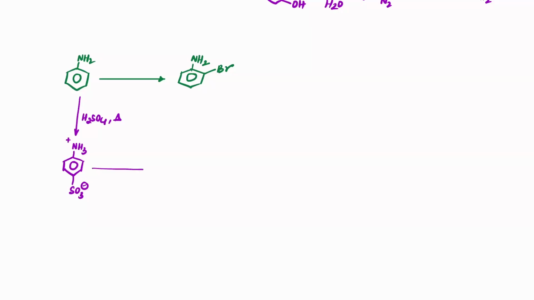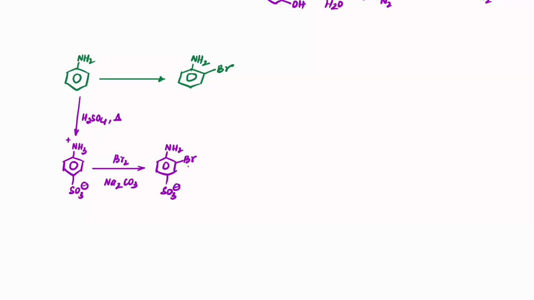Then you react this with Br2 in the presence of Na2CO3. In that case, we will get NH2, correct? Bromine will be present only at this position, and you'll get SO3 minus.